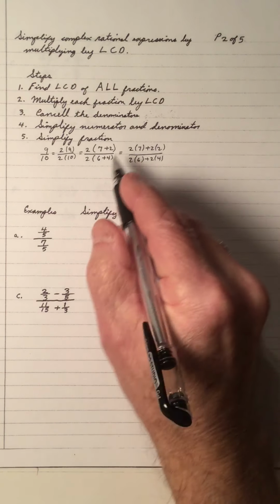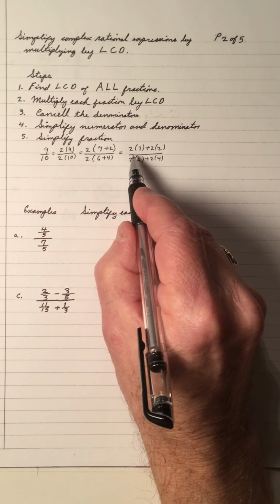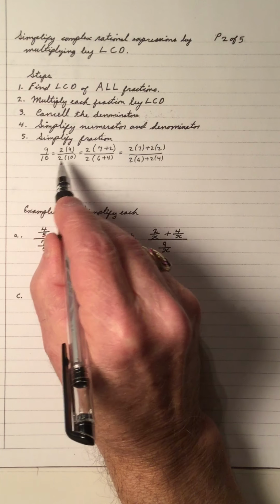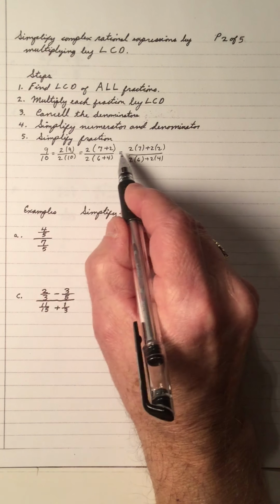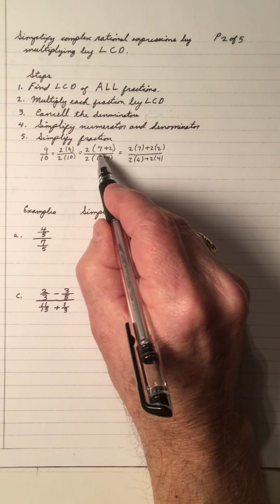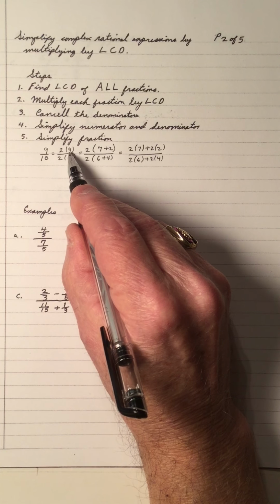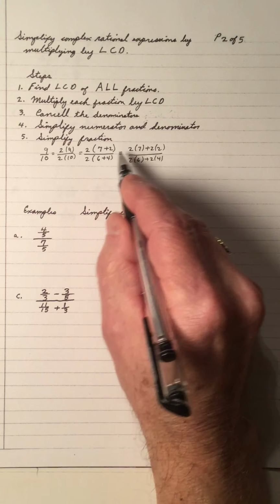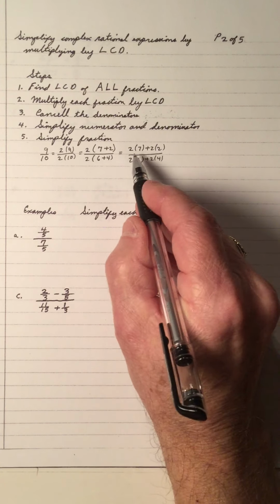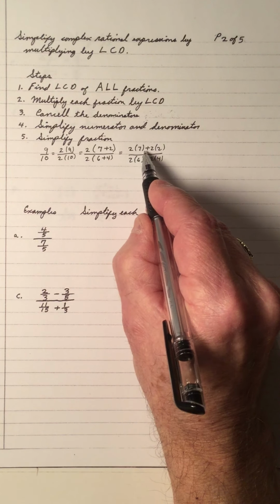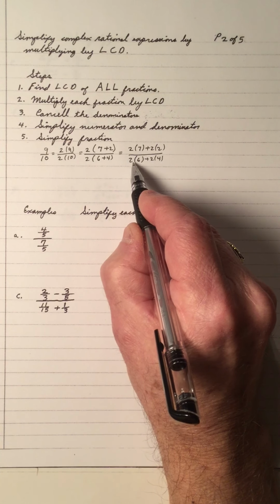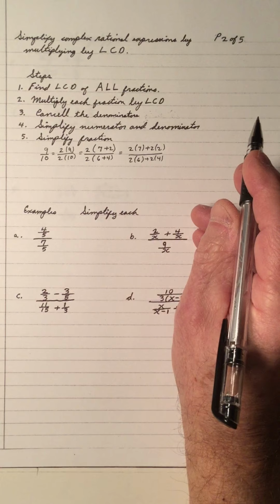But in the end, I'm trying to show you that you can multiply the numerator and the denominator by the same number, and that number then is distributed throughout when you express 9 and 10 as a sum. So notice the 2 is being distributed through both the 7 and the 2, and the 2 is being distributed through the 6 and the 4.